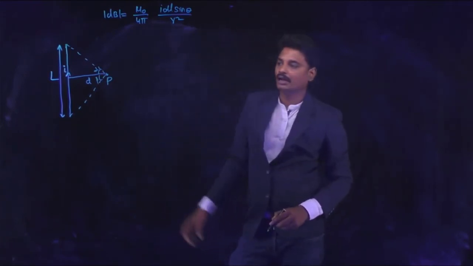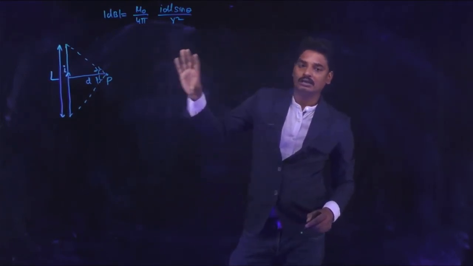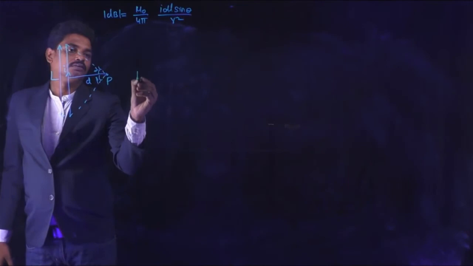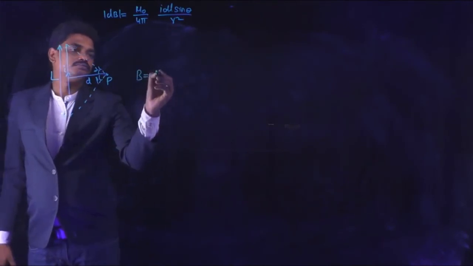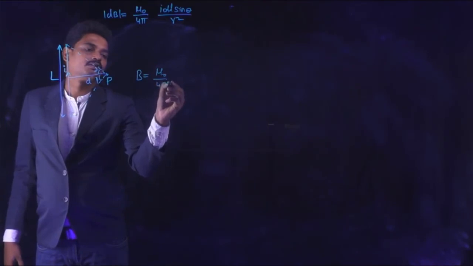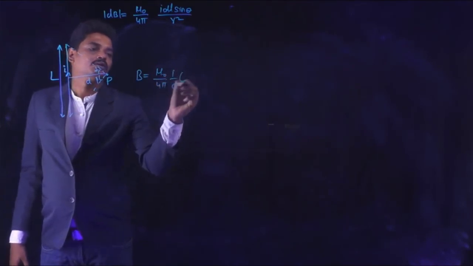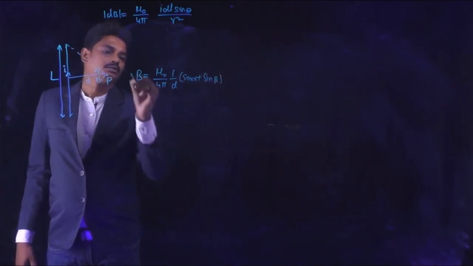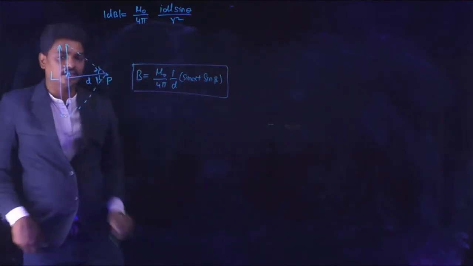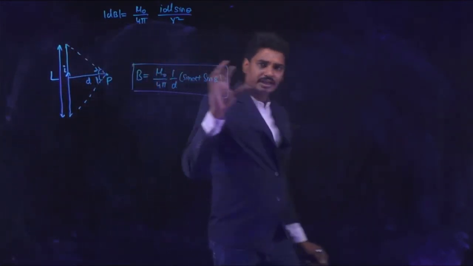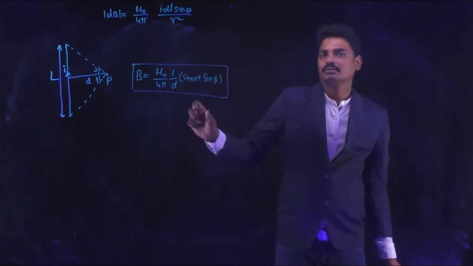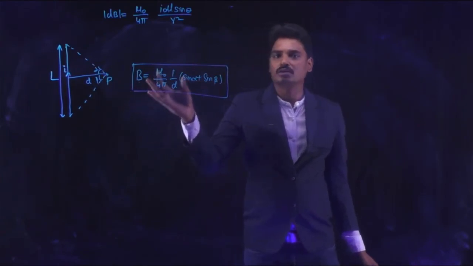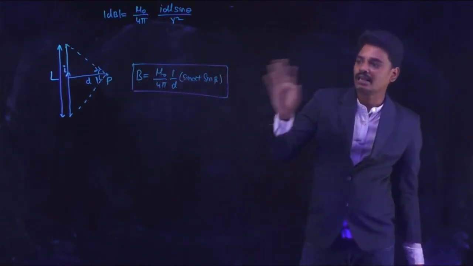If alpha and beta are the angles made from the point to the ends of the conductor, then the strength of the magnetic field we have calculated is B equal to mu naught by 4 pi into I by d into sin alpha plus sin beta. So in our last expression we have calculated the magnetic field for a straight conductor carrying a current, of finite length, making angles alpha and beta, as B equal to mu naught by 4 pi I by d sin alpha plus sin beta.